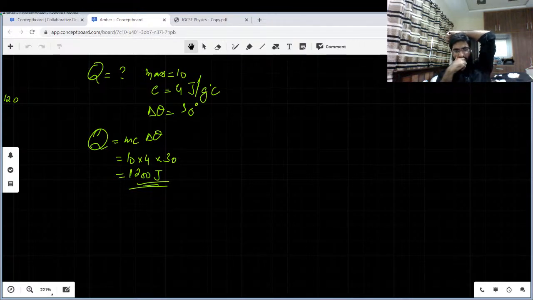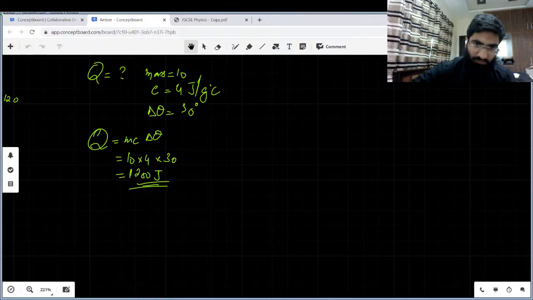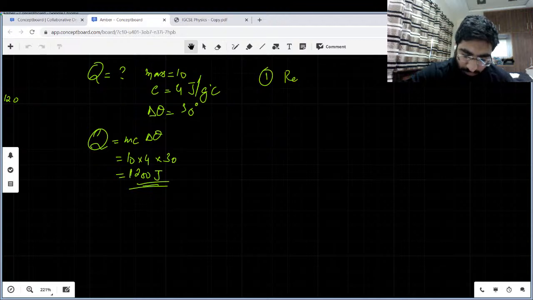There's one easier trick that I'll give you for physics, which would work for chemistry as well, and maybe for math as well. There is one very simple method of how to solve these questions. In each question, first of all, find the requirement: what do you have to calculate? That's the first step.